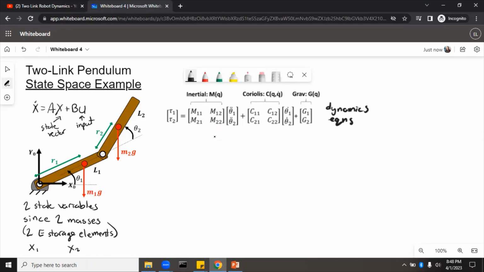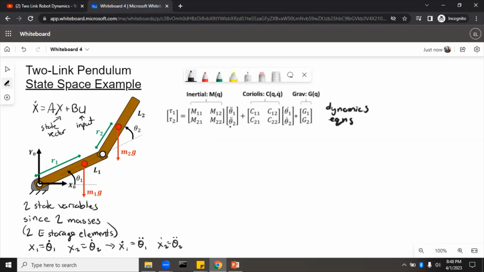So we're going to say that since we have a first derivative and a second derivative, we'll call x1 equals theta 1 dot and x2 equals theta 2 dot. So now we can say that x1 dot equals theta 1 double dot and x2 dot equals theta 2 double dot. So we basically just made new variables that represent those variables that we already had.